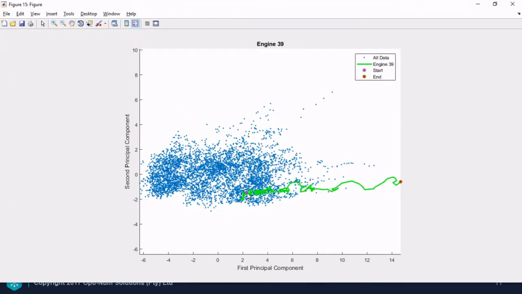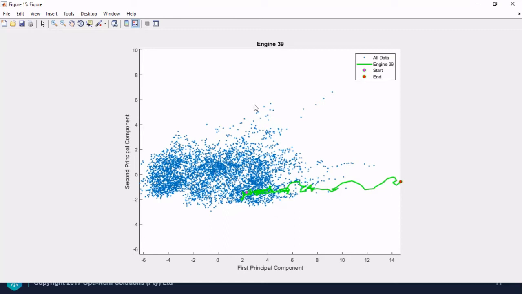So here we can see engine number 39 started in this region, which we assume indicates normal conditions, and as it was run for a longer period of time, the data points progressed outwards, and the last data point over here, where our maintenance team indicated that the engine was faulty, is very far away from this region.